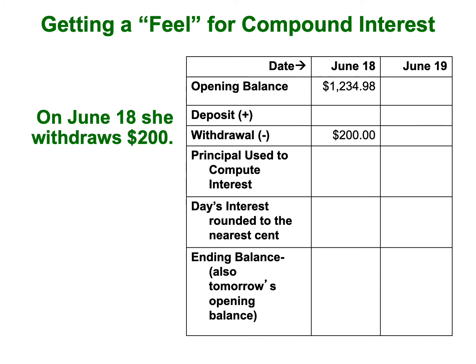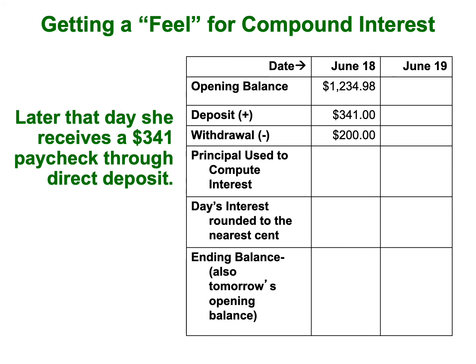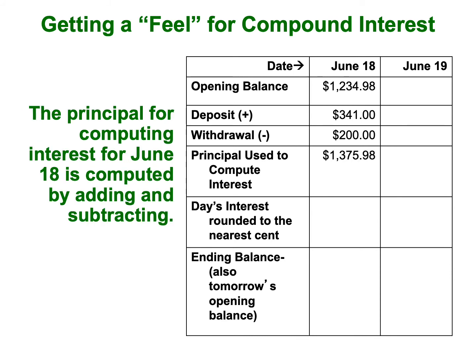On June 18th, she withdraws $200, and there it is in the calendar. On that same day, June 18th, a direct deposit paycheck is made into the same account. Now, the principal used to compute the interest can be computed by subtracting the withdrawal and adding the deposit.